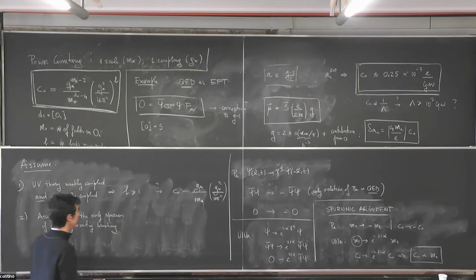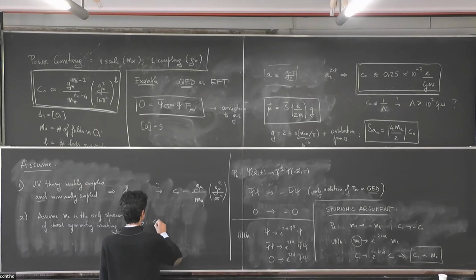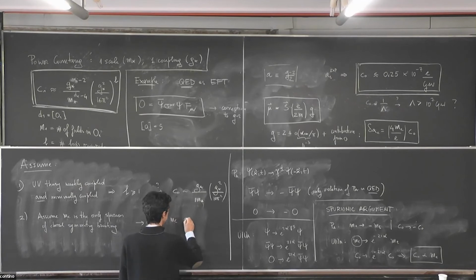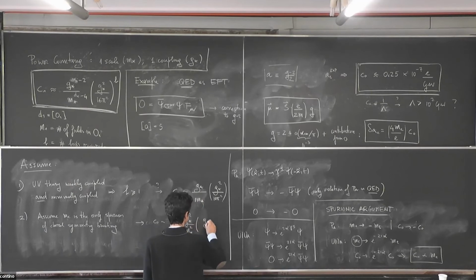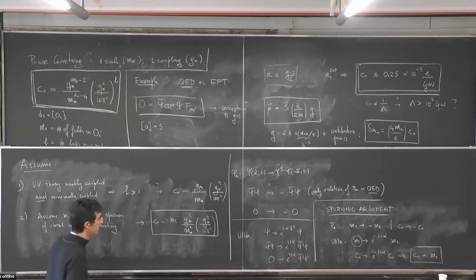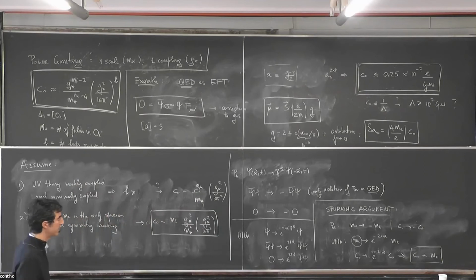Then this implies that C has to be proportional to ME. And now you see, since it has to have dimension -1, then it will go like 1 over m star square times g star square divided by 16 pi square. That's a more refined estimate, which is the one that I wanted to get.